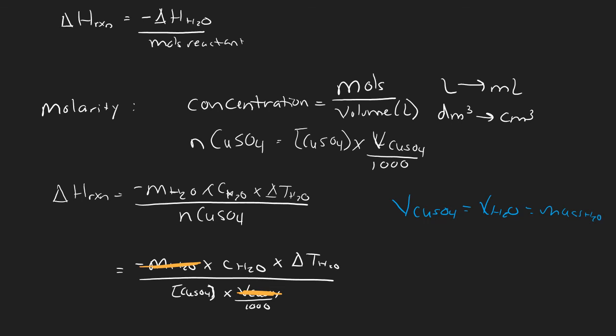So then that means you have the specific heat of water times the change in temperature of water divided by the concentration of copper sulfate divided by 1,000. Because this was originally in joules, let's get rid of that 1,000 and it becomes kilojoules.